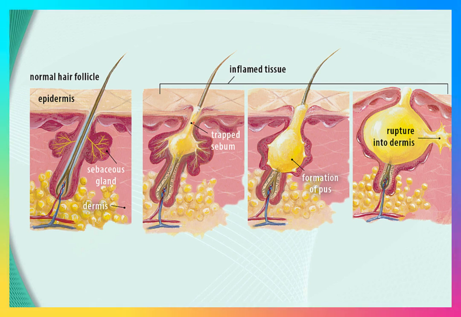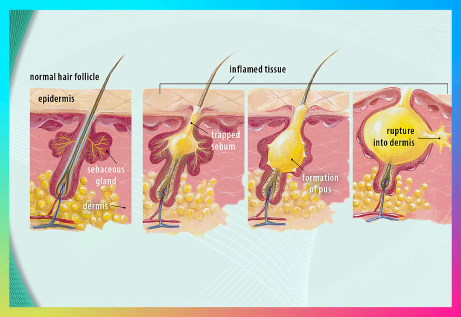And then when it becomes trapped, bacteria from the skin surface get into this sebum, and then it becomes infected and inflamed, and then it forms pus with white cells and debris from the white cells, and ultimately this will rupture into the dermis and cause what we call a pimple.